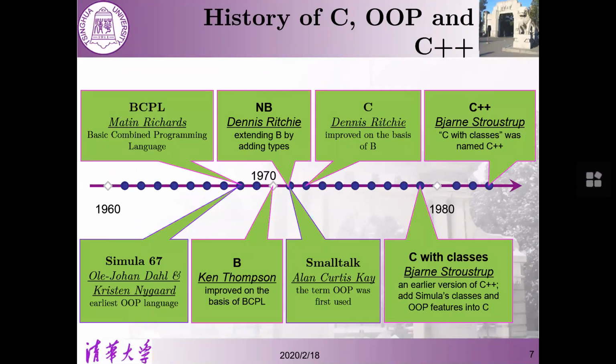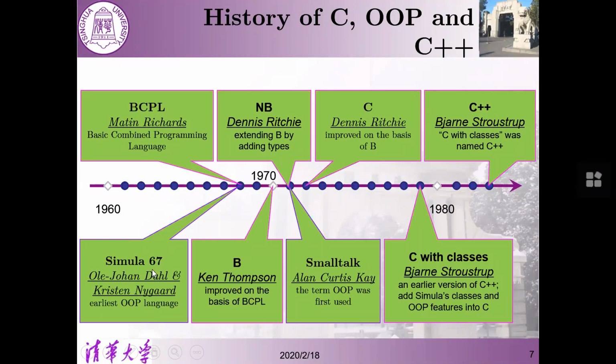And now we have a very brief introduction to the history of programming languages. The C programming language is the father of the C++ language, and C originates from the 1960s.